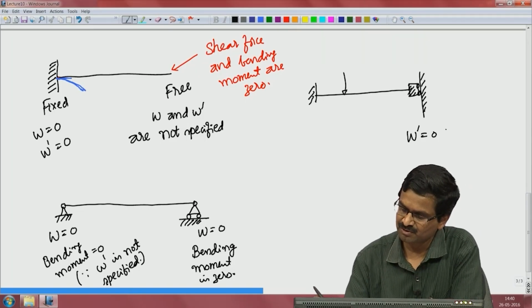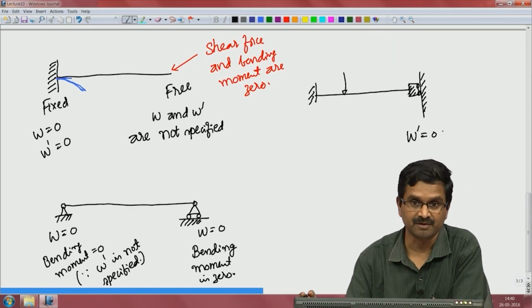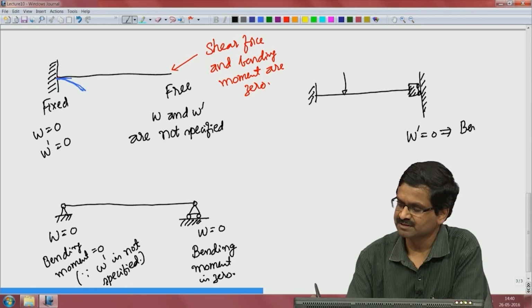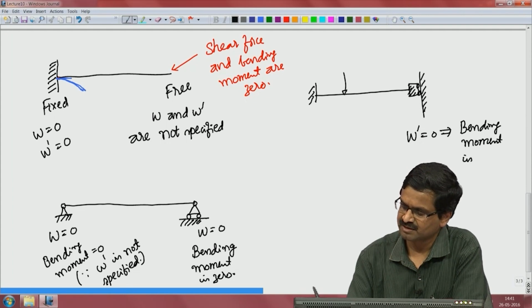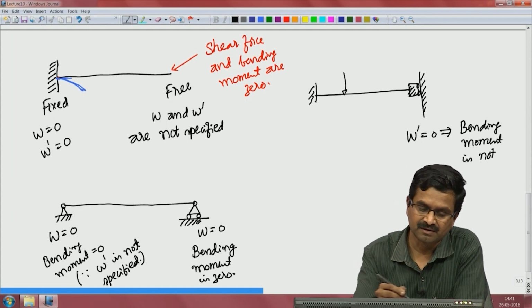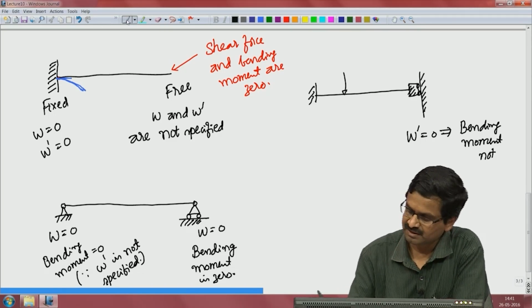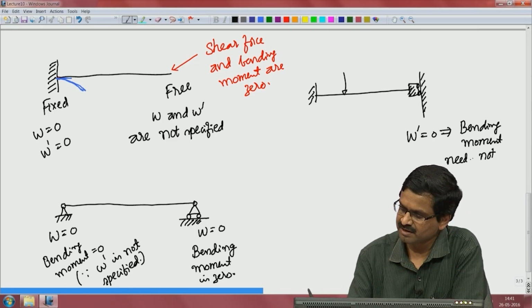W prime equal to 0 means that bending moment there need not be 0.